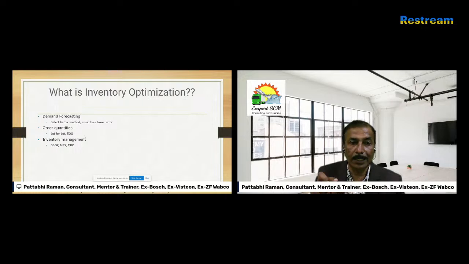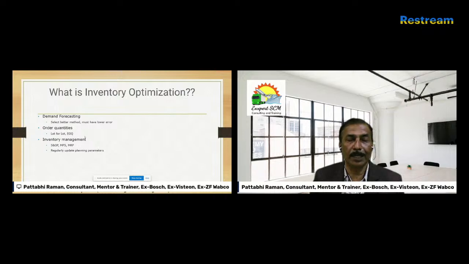They should have the SOP for each of these three processes, and regularly update the planning parameters. When we say planning parameters, it could be lead time, order quantity, or even a change in supplier. If these are not frequently updated, then you are going to order wrongly. And one more thing not yet mentioned is respecting the time fences.